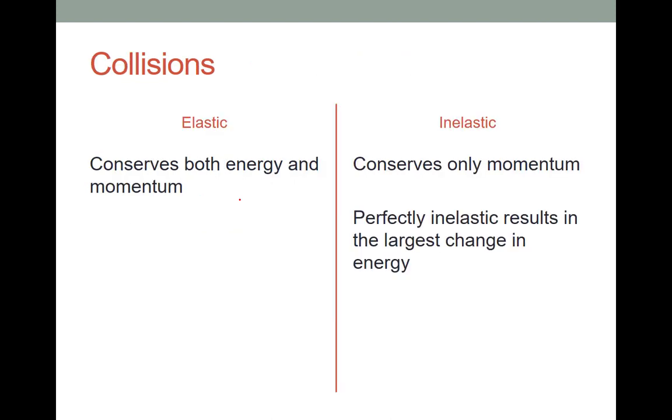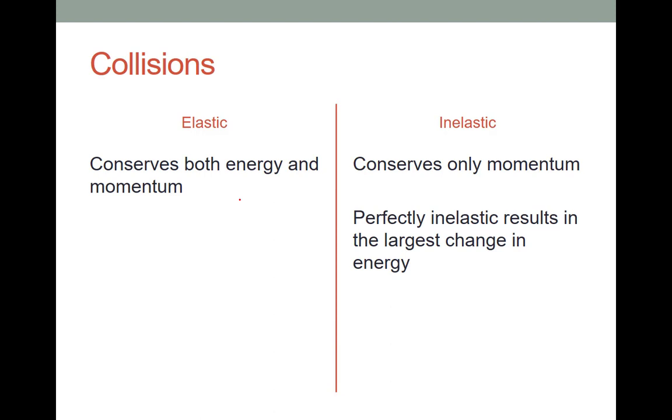We're going to be applying conservation of momentum in the next couple of units to collisions. Collisions can be divided into two different types. If we have an elastic collision, it conserves both energy and momentum. If we have an inelastic collision, it conserves only momentum.